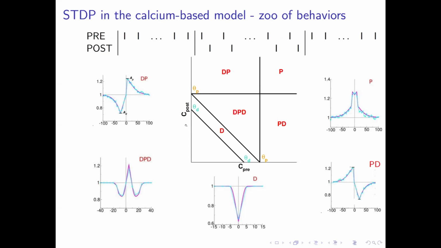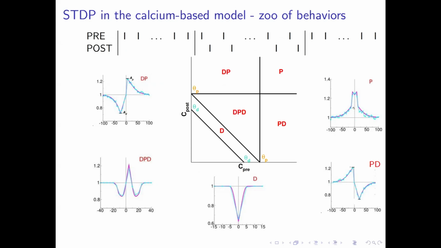And basically, you can see that in the space of parameters of the model, in particular the amplitude of the calcium transients C pre and C post, you can have different behaviors. We can have this behavior where you have depression at negative delta t, followed by potentiation at positive delta t. So this is a strongly temporally asymmetric curve, and that happens when C post is larger than C pre in that area here.